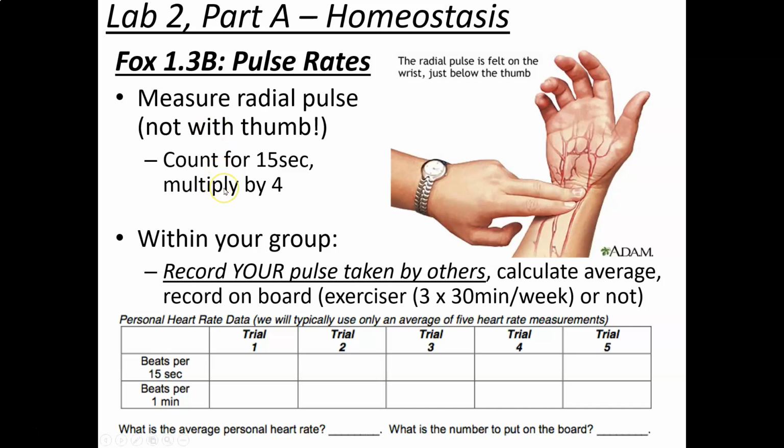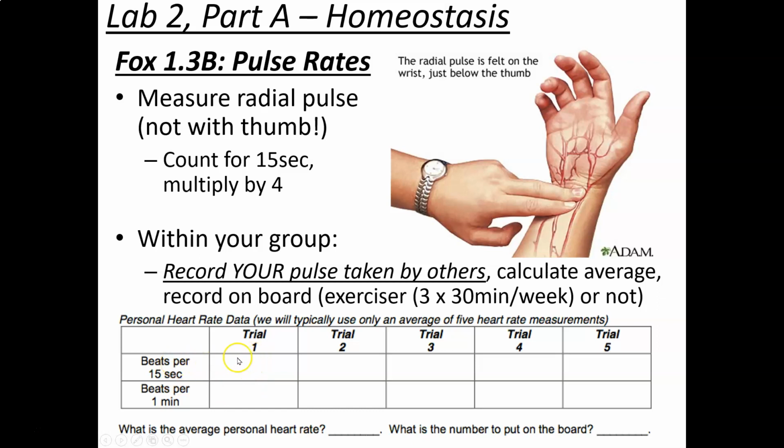There's a bunch of ways to measure heart rate, and probably the most accurate, most standard is to count for 15 seconds. And since we usually report it per minute, then you multiply it by 4. So one of the things I want you to do at home is pull out something with a second hand, whether it's your phone or a clock or whatever, and we're going to change it a little bit. I want you to take your pulse rate 5 different times.